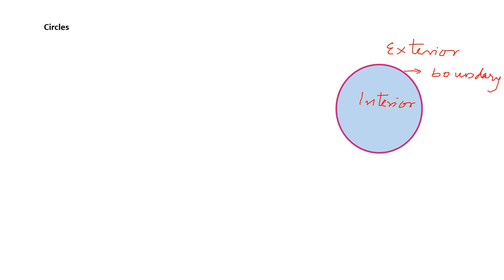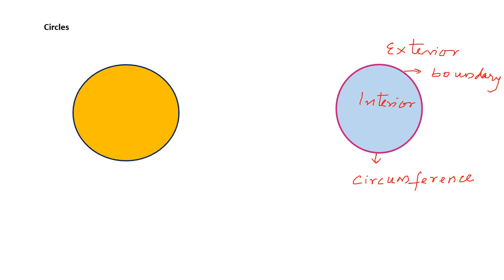The boundary is also known as circumference. I know you have already learned it in 4th standard, but still remember once again, the boundary of the circle is known as the circumference of the circle.